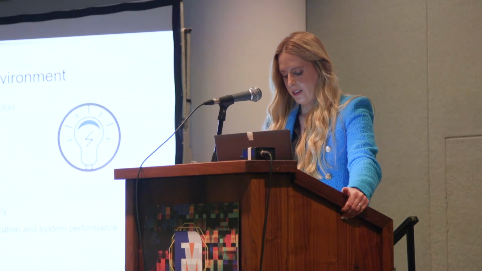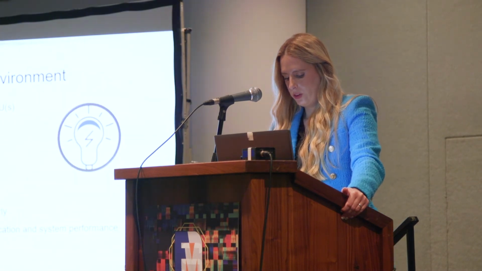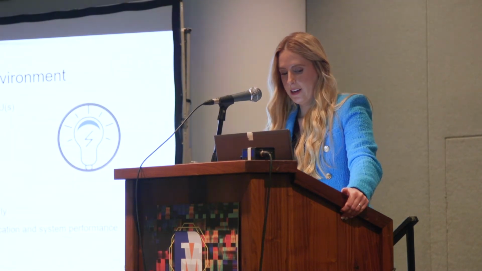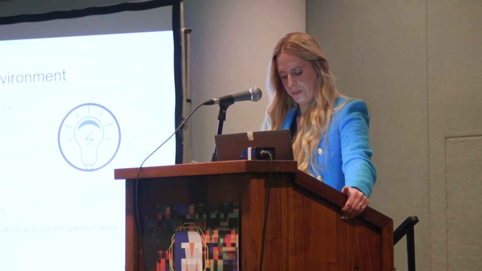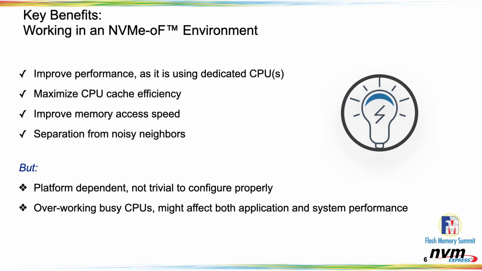The reason is that these settings are dependent on available resources, workloads, clients, connectivity, and other aspects that might change over time. Also, I would recommend you to keep in mind that overworking busy CPUs might affect both the application and the system performance.